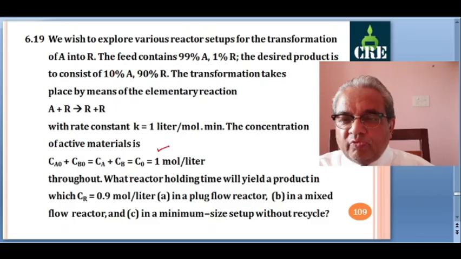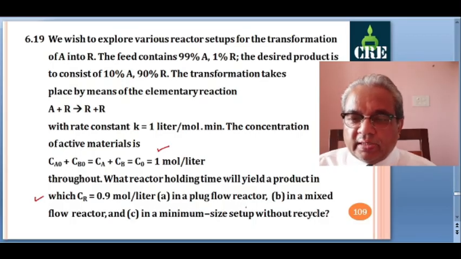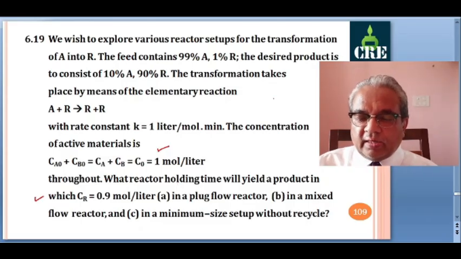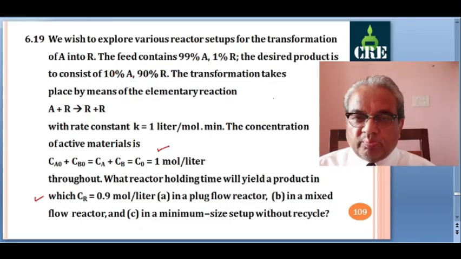What reactor holding time will yield a product in which Cr is equal to 0.9? You want this 90%, meaning 0.9 moles per liter. First part in a plug flow reactor, then in a mixed flow reactor, and then part C, the minimum size setup without recycle. So whatever combination of mixed flow and plug flow is best, you can see.